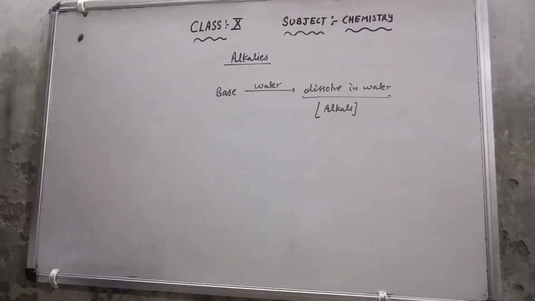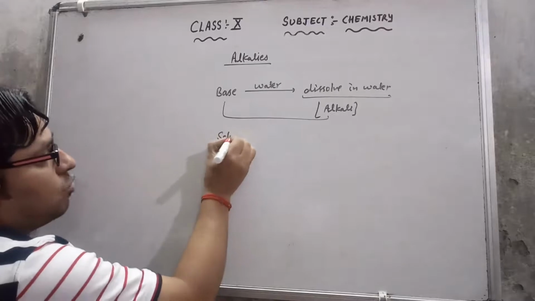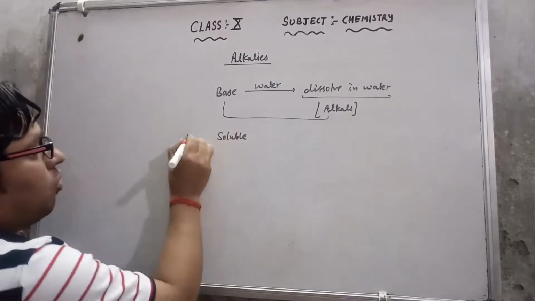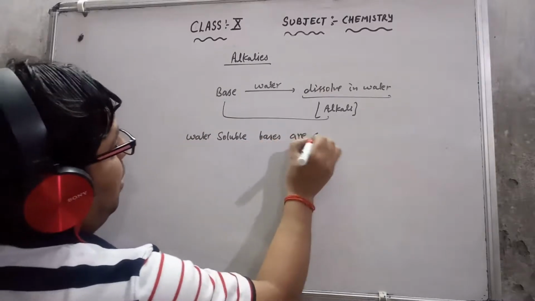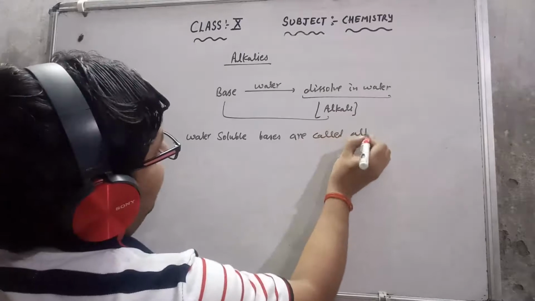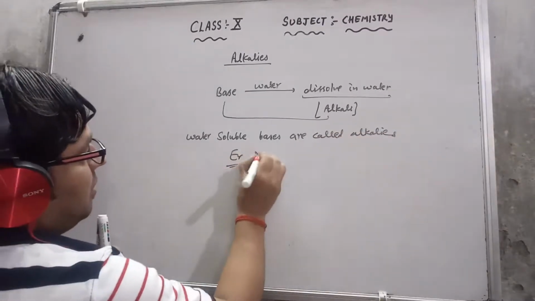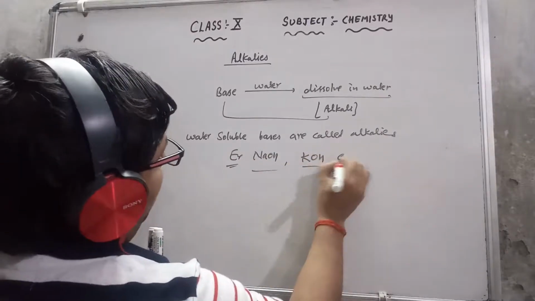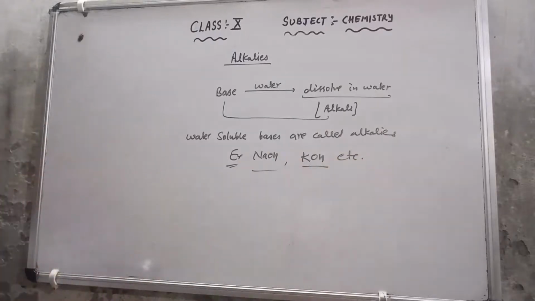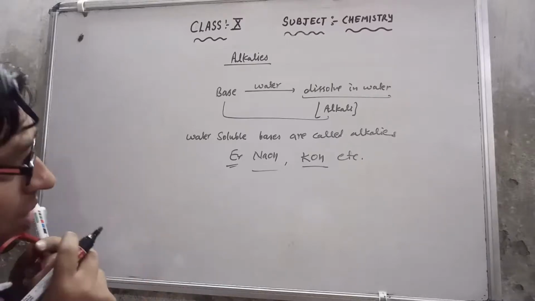Very simple, the bases which are soluble in water, water-soluble bases, are called alkalis. Examples in front of you are NaOH, which is soluble in water, and KOH, which is also soluble in water. These two are general examples of alkalis. So water-soluble bases are called alkalis.